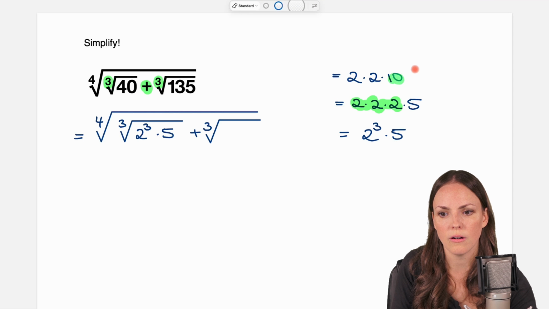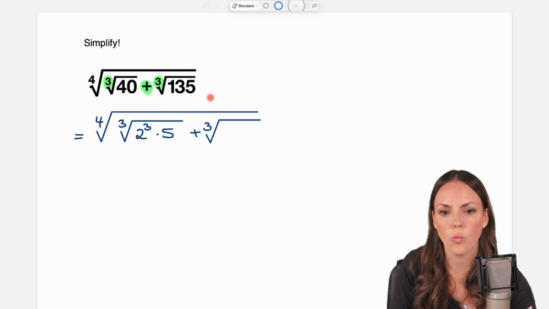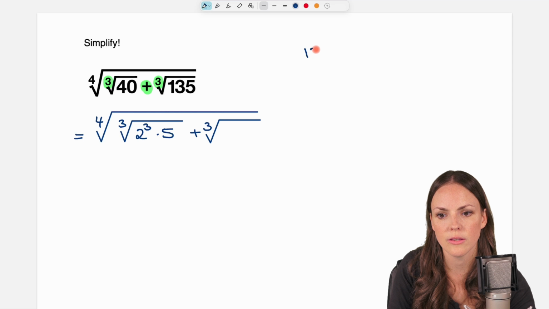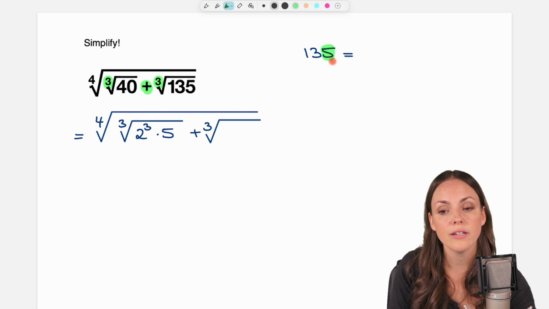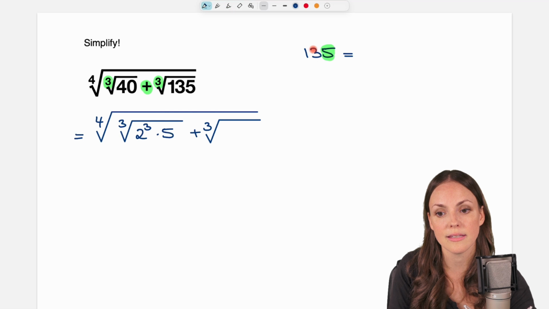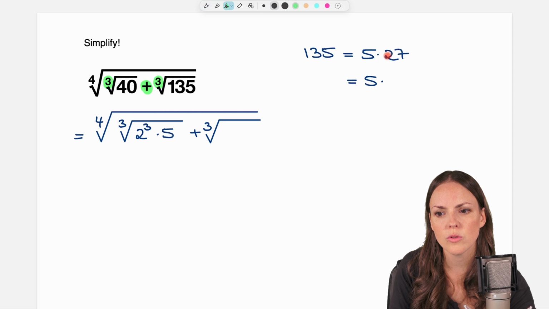Which numbers are in the 135? Because we have a 5 here at the end, we can write this number as 5 times 27 is 135. And now we have 5 times. And which numbers do we have in the 27? We can write this as 3 times 9.